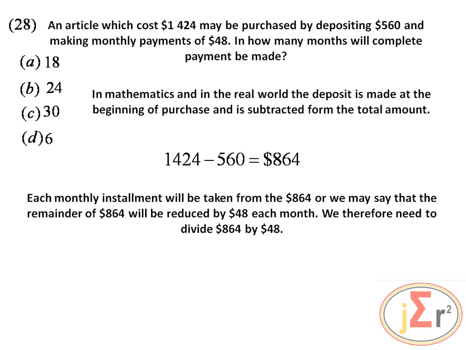We therefore need to divide 864 by 48. So 864 divided by 48 is equal to 18, and that is option A. So, no problem with our consumer arithmetic. This is pretty much straightforward.